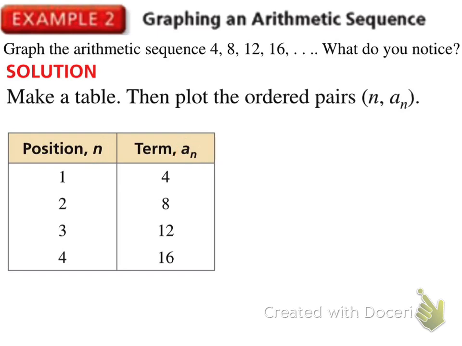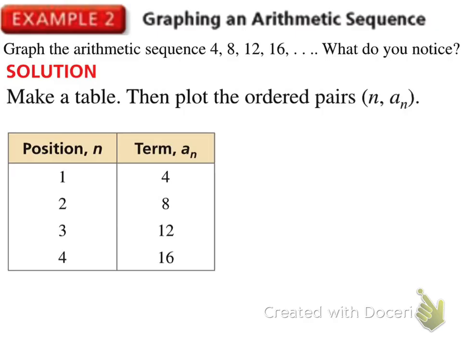Or if I had something like a sub 2, that means the second term is 8. That's the n, and this is the a sub n. That's the whole thing.